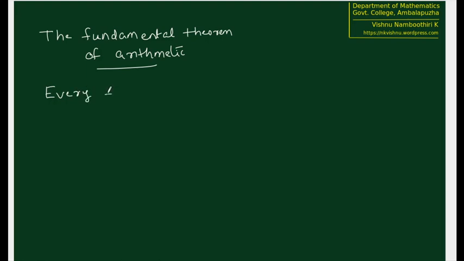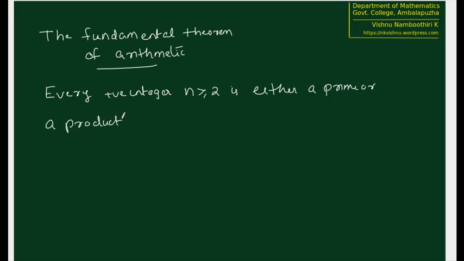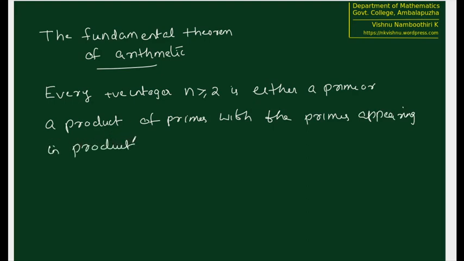Every positive integer n greater than or equal to 2 is either a prime or a product of primes, with the primes appearing in the product unique up to the rearrangement of primes.